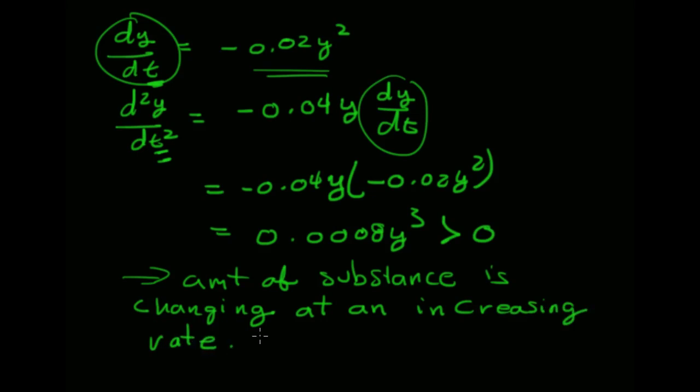So this thing is decreasing, but it's decreasing faster as time goes on, because the second derivative is positive, which means that I am decreasing faster as time goes on. All right, so there you have it. That's the whole problem. We're done.